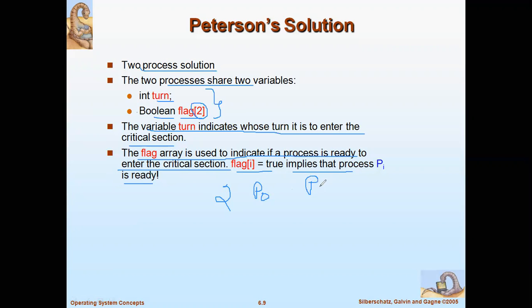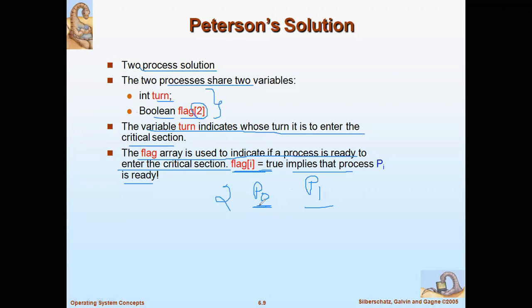If I wish to enter, then I have to set my flag to true. If P0 wishes to enter, it has to set its flag to true. If P1 wants to enter its critical section, it also has to set its flag to true. Why did I call it selfless?